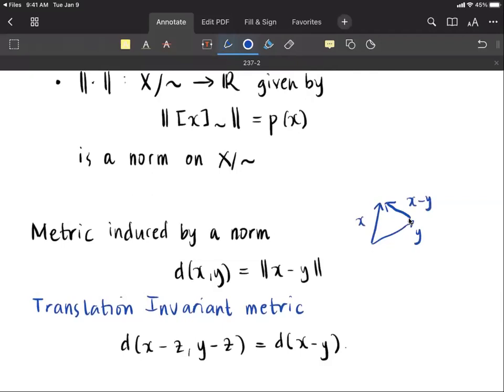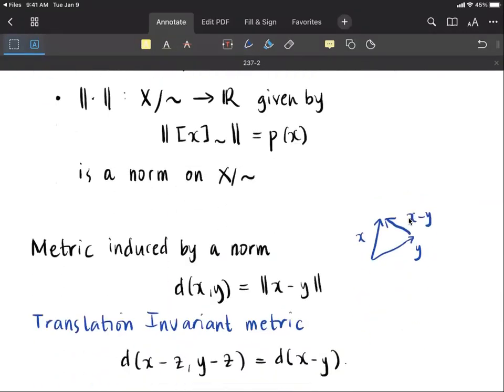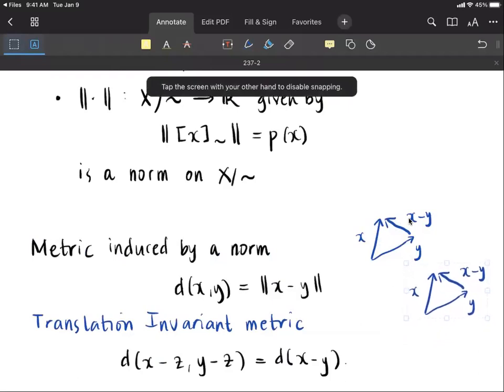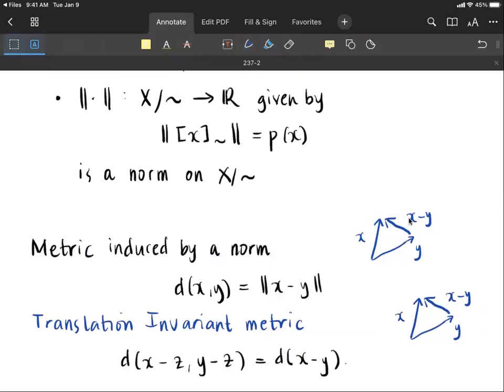Now if you translate this, so just copy this one and paste it here. So if we translate this vector, so this is now x minus z, y minus z. Okay, so we have translated the vector.